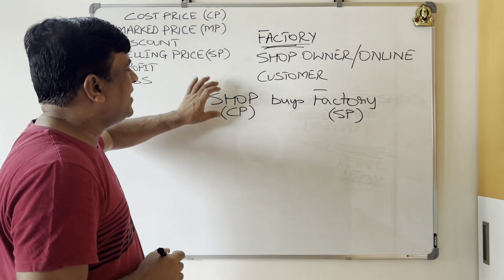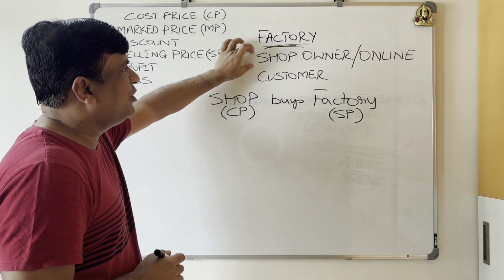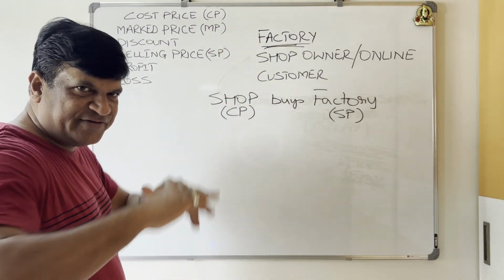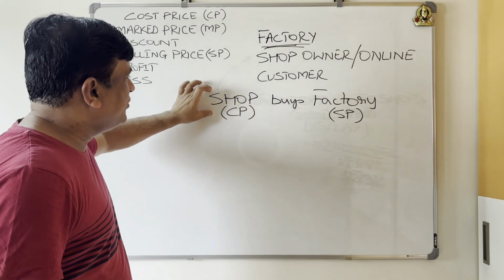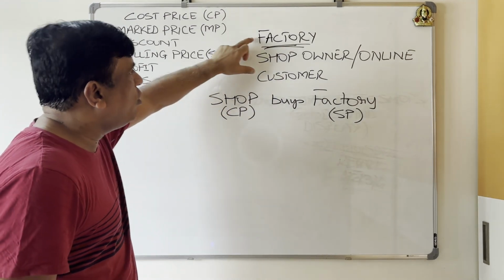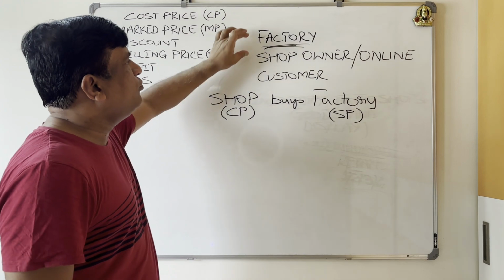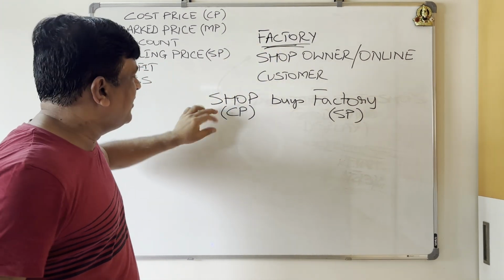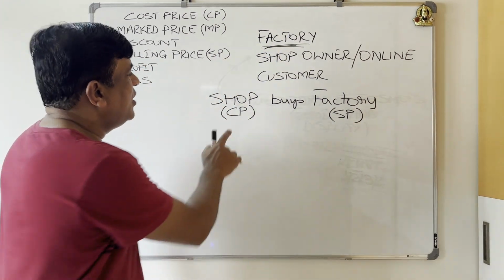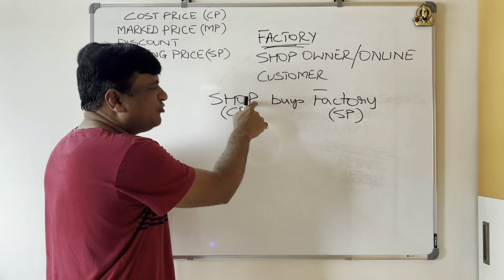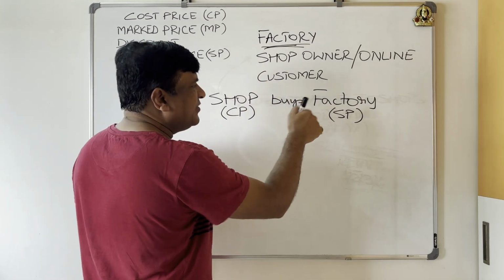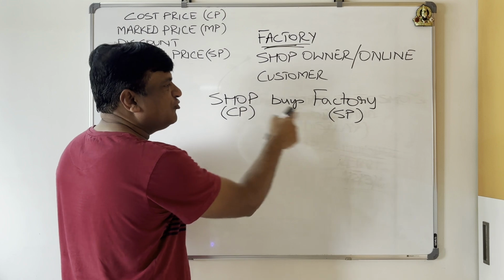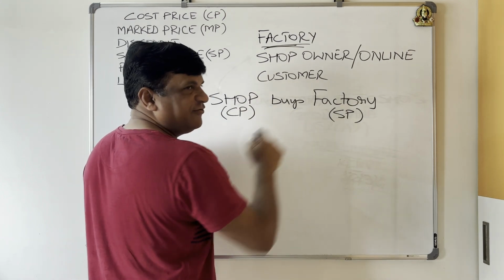He is buying that product to put it in his shop and sell it to consumers later down the line. So the shopkeeper pays a cost to procure those goods and put them in his shop. That's why we call it the cost price. So the cost price applies to the shopkeeper, and since the factory is selling those items to the shop, it is known as the selling price for the factory.